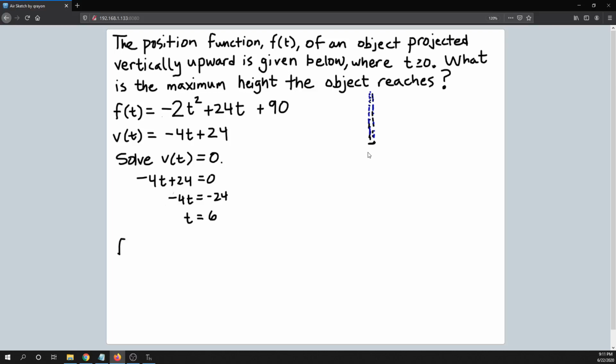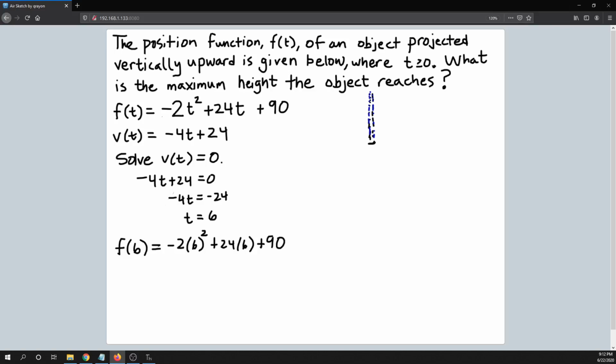All right, so to finish this problem off, we are going to do f of 6. So we're going to take 6 and plug it in for t into the position function. So we get minus 2 times 6 squared plus 24 times 6 plus 90.